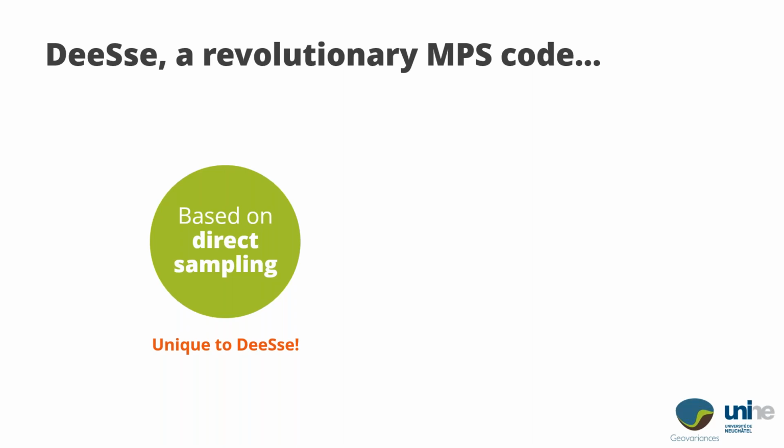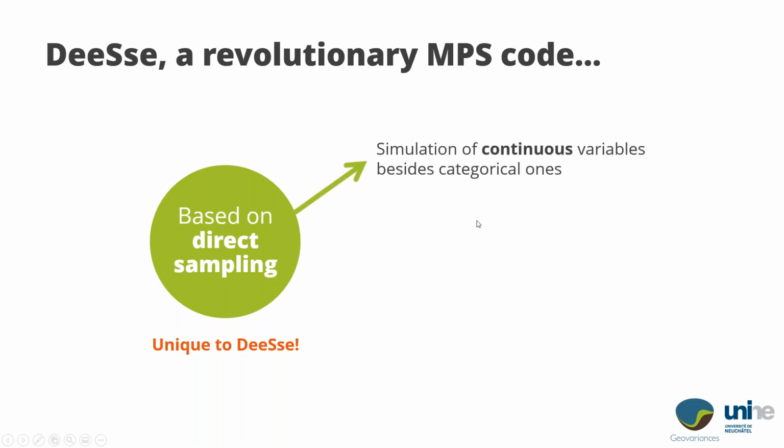So why do we say that DeeSse, the direct sampling, is a revolutionary technique for the multi-point statistics code? We can work, like Philippe said previously, with different simulations with continuous variables and also with categorical information. And we can mix a continuous variable with a categorical one.